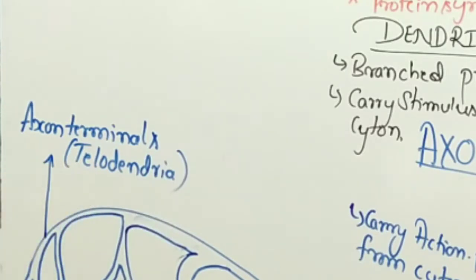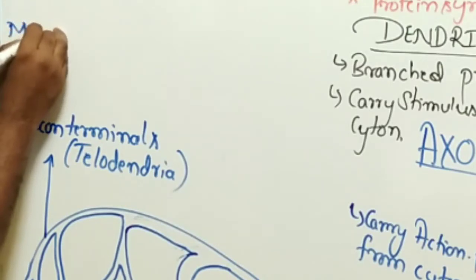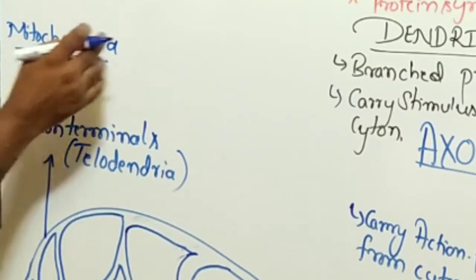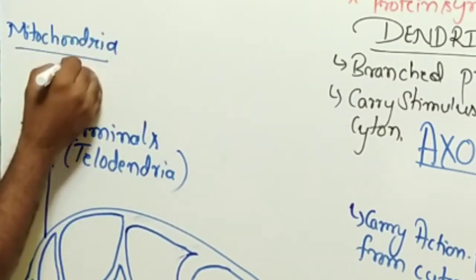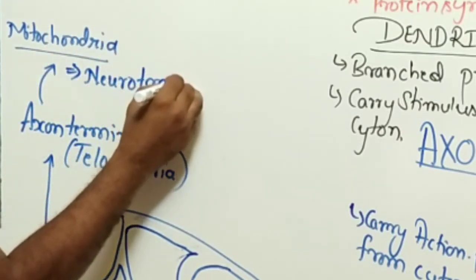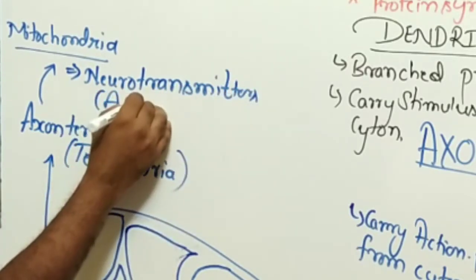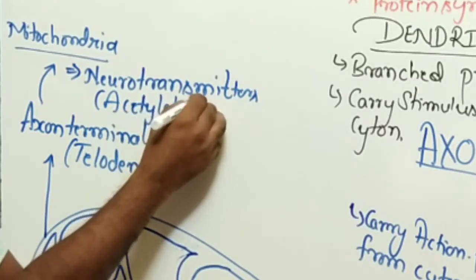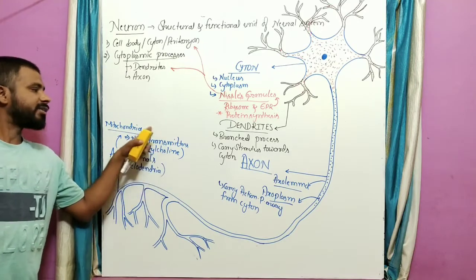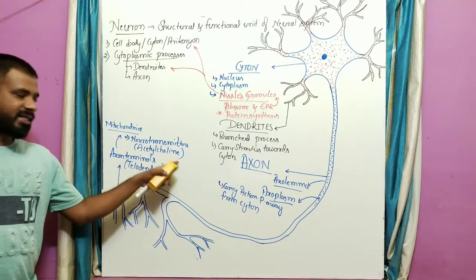The axon terminals, or telodendria, mainly have a large number of mitochondria. These mitochondria help in the synthesis of neurotransmitters like acetylcholine. So the synthesis of acetylcholine takes place inside mitochondria with the help of the enzyme acetylcholine transferase.